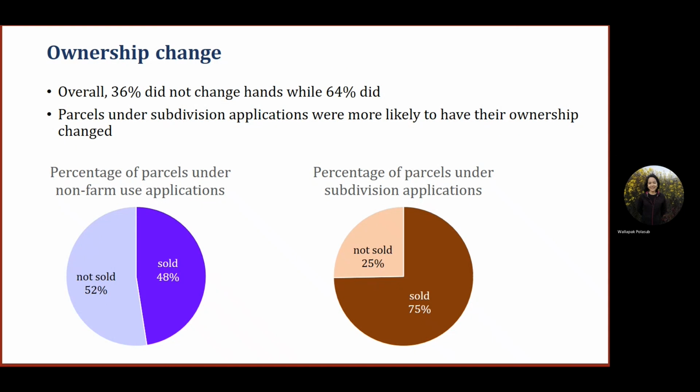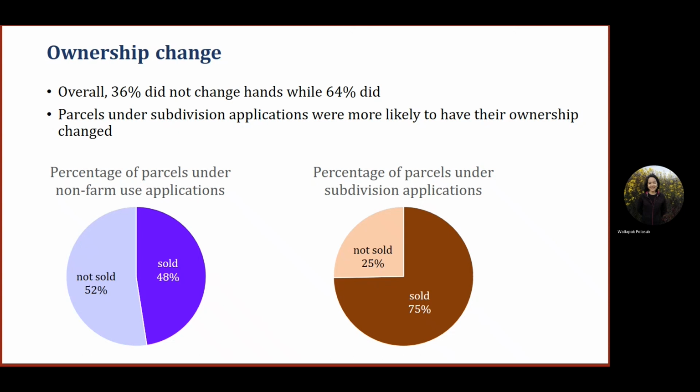Within the 34% that changed hands, nearly 80% were transferred to people within their own families. But when we look at these parcels separately, those parcels under subdivision applications were more likely to be sold or have their ownership changed: 75% here compared to 48% there on the left.